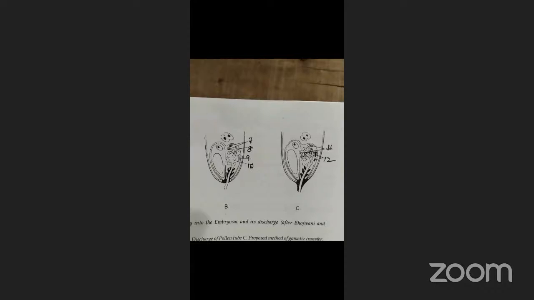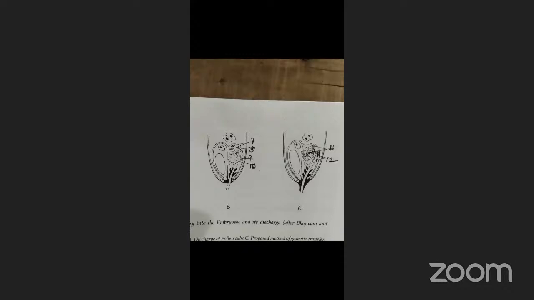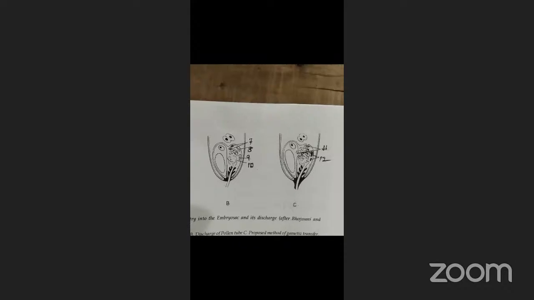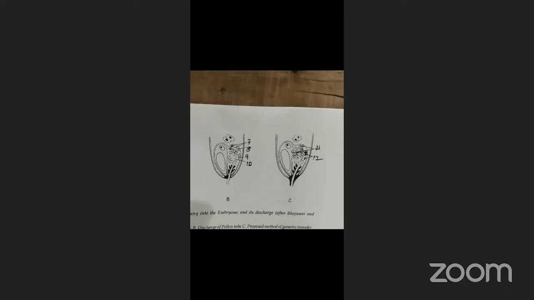Next is the pollen tube discharge, the bursting of the pollen tube through the subterminal pores, and the contents of the pollen tube are discharged into the synergid here.